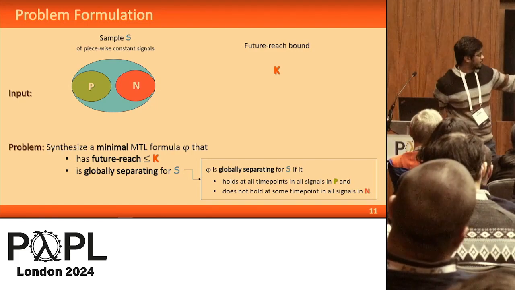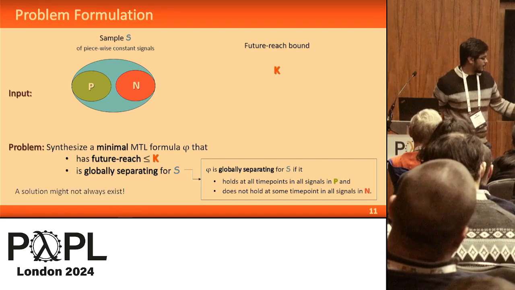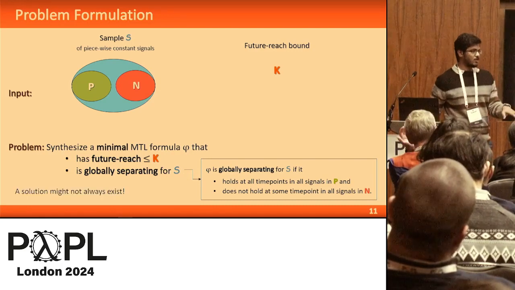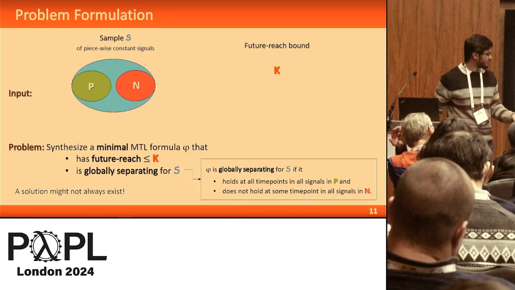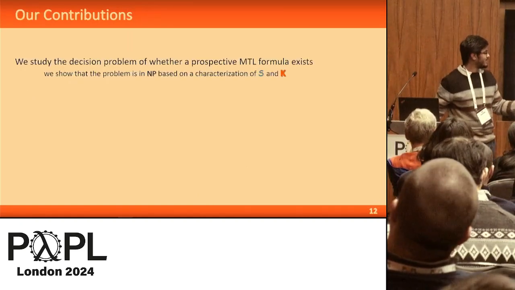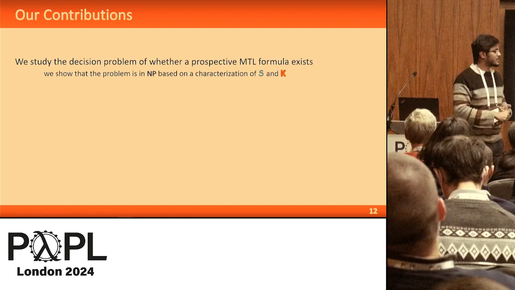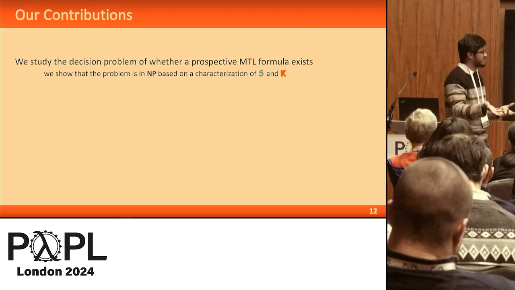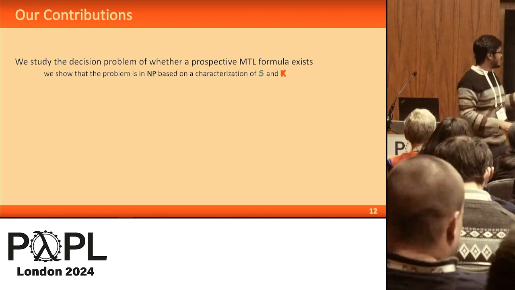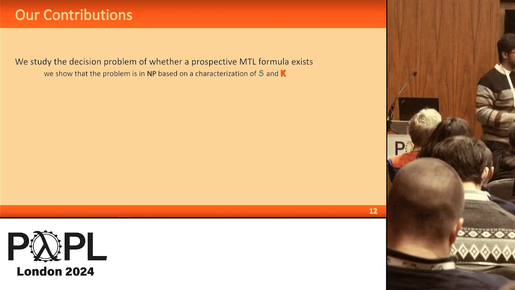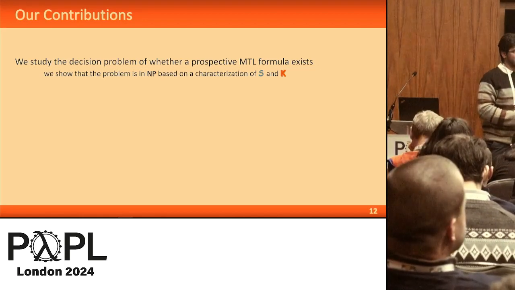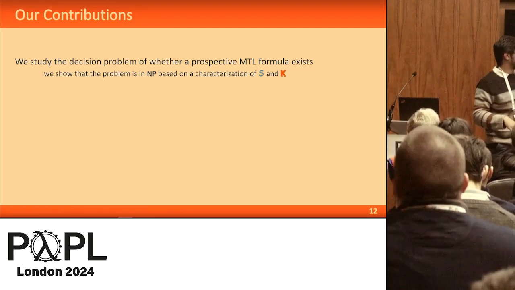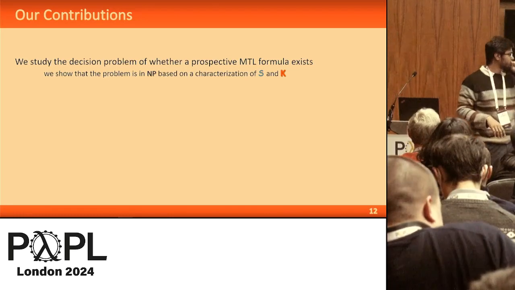Now, the way we formulate this problem, it turns out there might be situations where there might not be any solution. So for this, we study the decision problem, which checks whether there even exists a solution. We find that this problem is in NP, and this is based on a simple characterization of the input parameters that we have, the sample and the future reach bound.